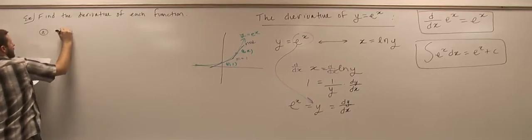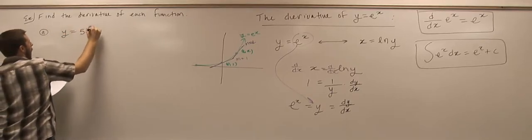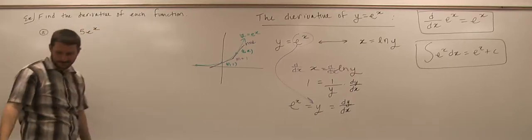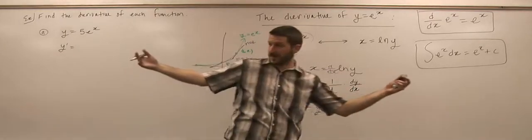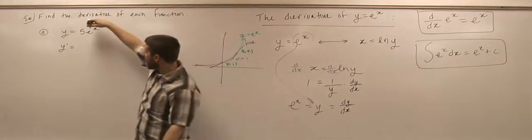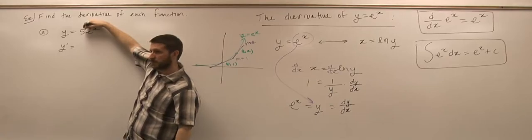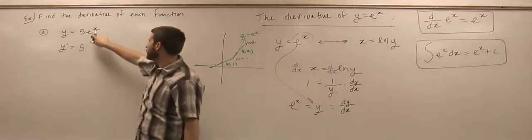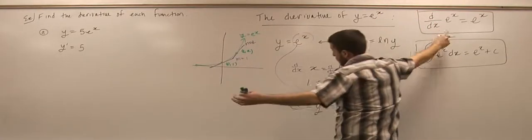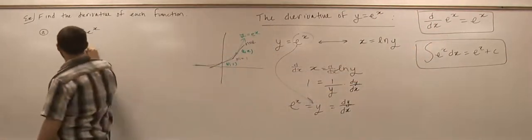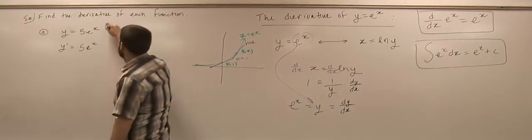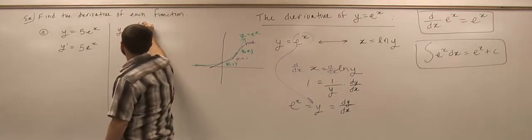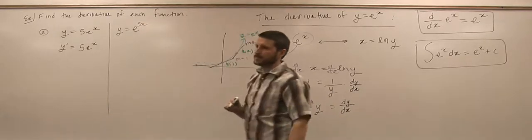y equals 5e to the x. That's y prime. 5e to the x. Because this 5 is a constant multiple. So constant multiples just follow along, and the derivative of e to the x is e to the x. What about if I wrote y equals e to the 5x? I put the 5 inside.